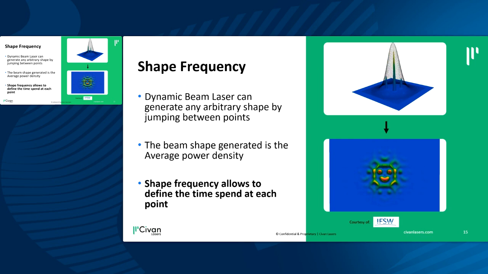If you look at it, it is the average power distribution density that results while we are jumping from one point to another. This is the key understanding of the shape frequency. We can control this frequency, and as you will see in the following slides, that also helps us to control and influence the process.